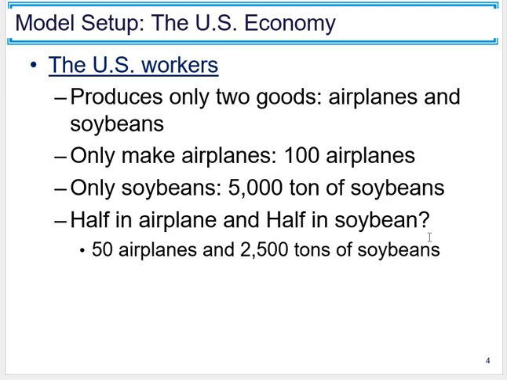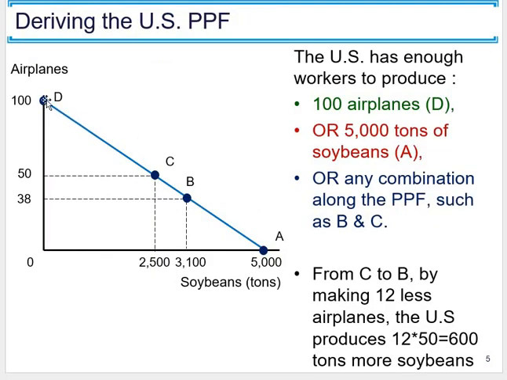When the US economy uses all its resources, all the workers, to produce airplanes, it produces 0 tons of soybeans and 100 airplanes, which is exactly what point D means.